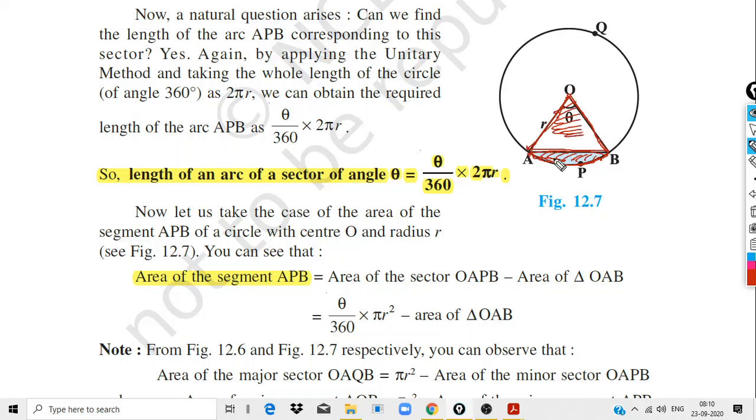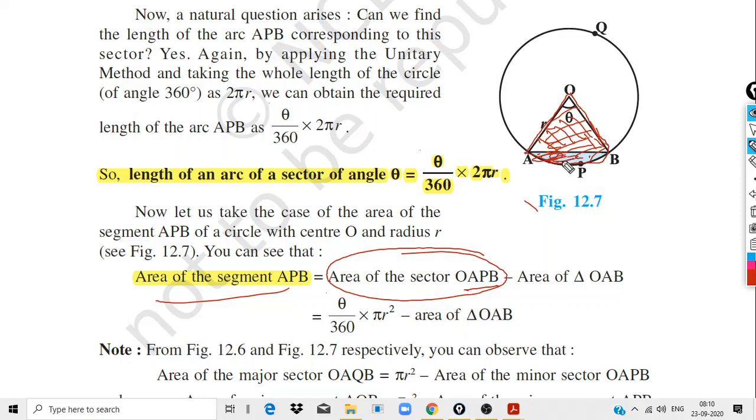Now suppose you need to find the area of this segment, APB segment. So what you will do? Area of this segment will be equal to the area of this complete sector OAPB minus the area of this triangle. You have to subtract this triangle.